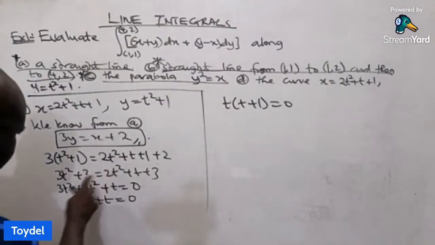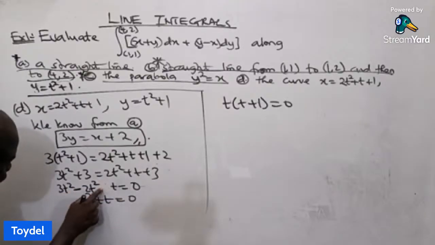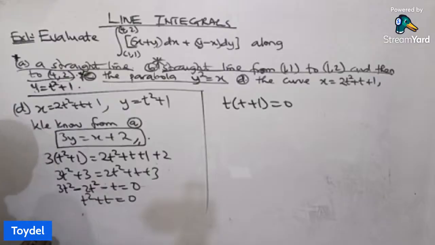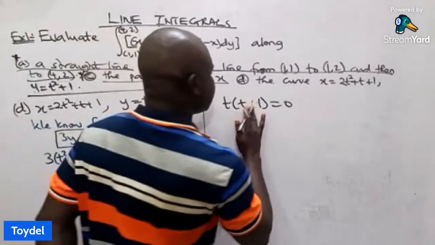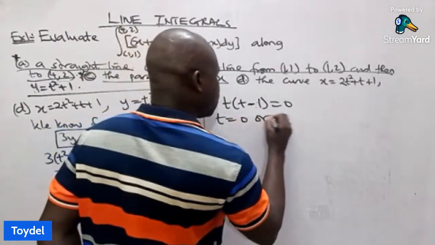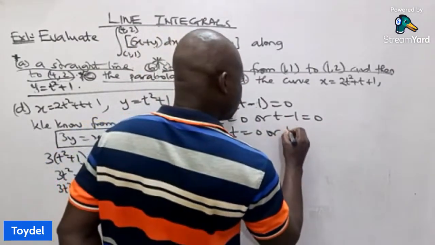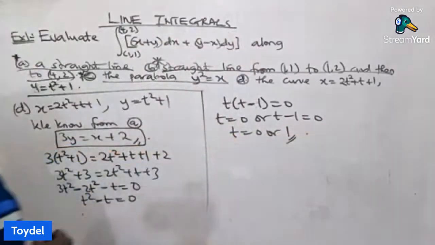So simply this means that t is equal to 0 or t minus 1 equal to 0. So t is equal to 0 or 1. That will be the value of t.